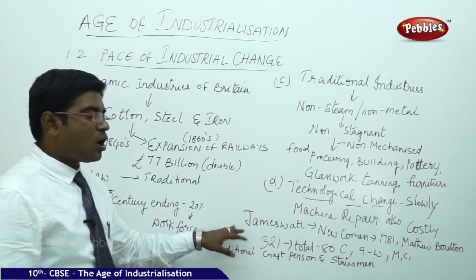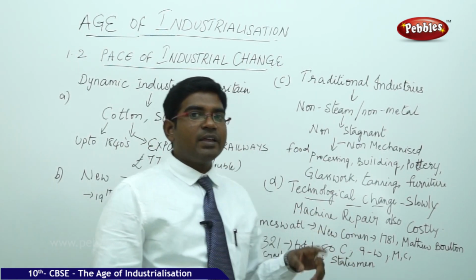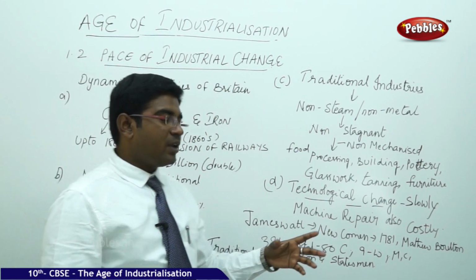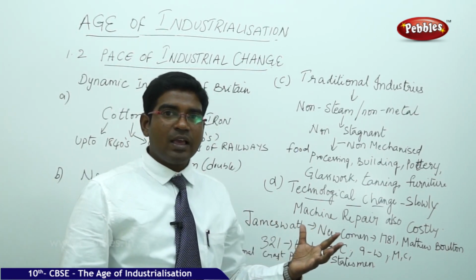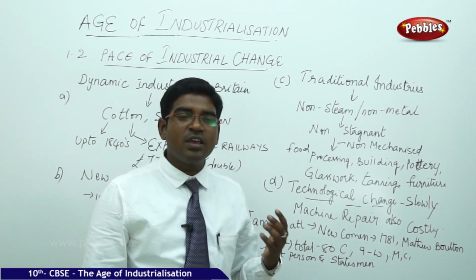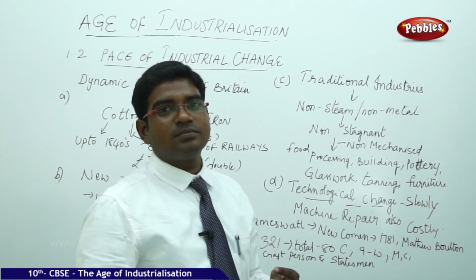And James Watt modified the machine made by Newcomen in 1781, and his friend Matthew Boulton set up an industry to manufacture the machinery. It was very difficult for Matthew to find a person.